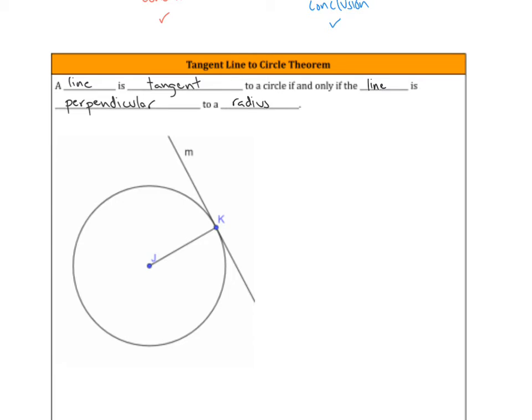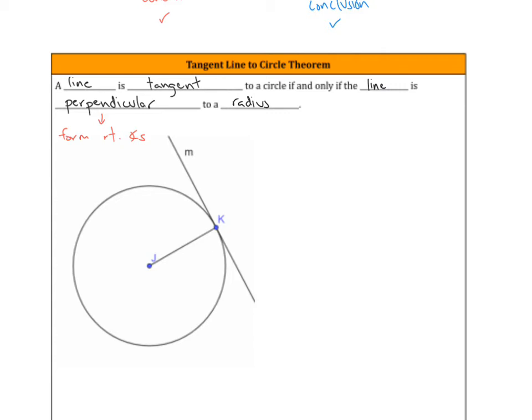Now, it's definitely been quite a while since we used this word perpendicular. Keep in mind that perpendicular are two lines, two segments, whatever they are, but they form right angles. Right? 90-degree angles is what they make. So that's what we're looking out for.